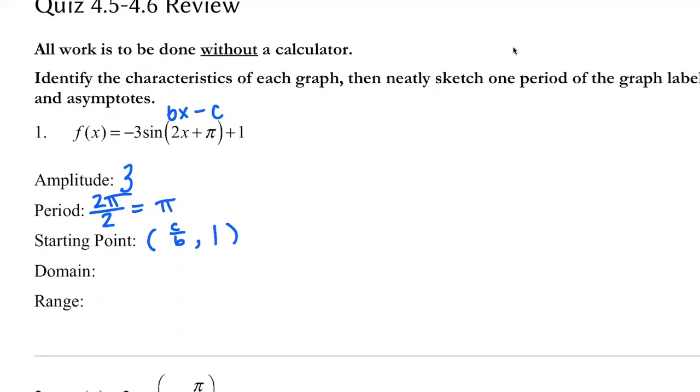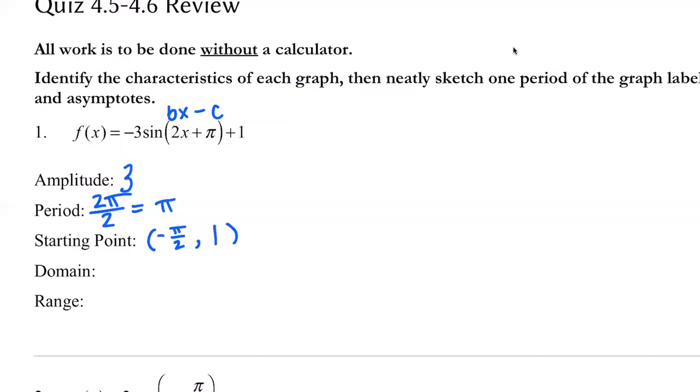So our c value is a negative pi, and our b value is 2. So when we come over here to our starting point, we have negative pi divided by 2.